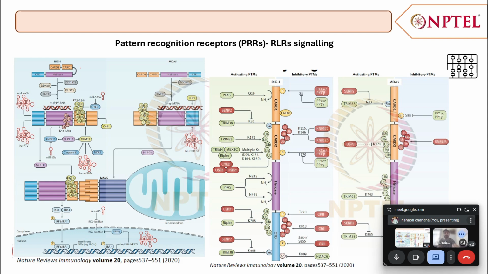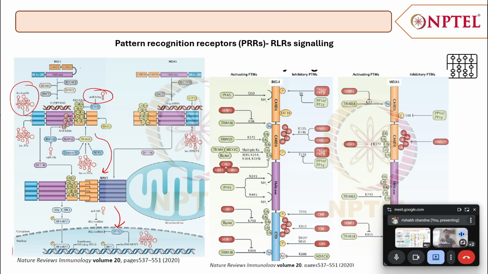Once these recognize the viruses, there are certain microRNAs like microRNA 576A and lncRNAs that inhibit the role of different components of these particular domains, so that they can inhibit the activation of the signaling, and that will not lead to the antiviral response.